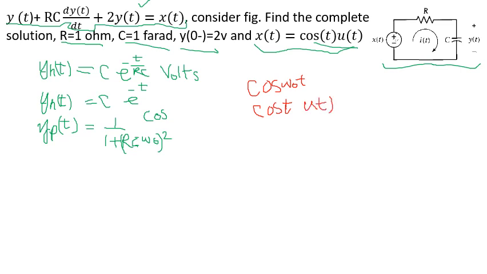If I compare the two, I find that omega naught is now equal to 1, right? So I can erase this and replace omega naught with 1.